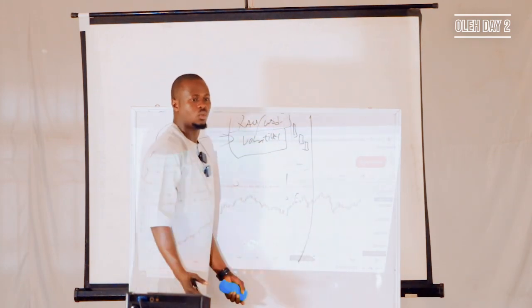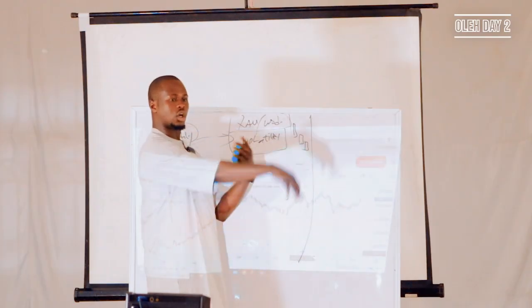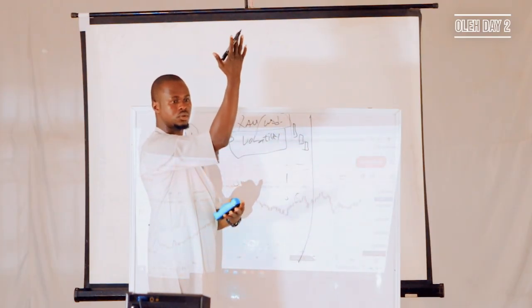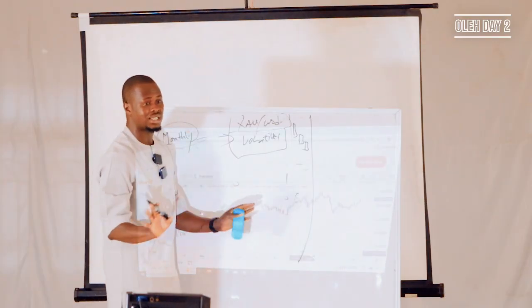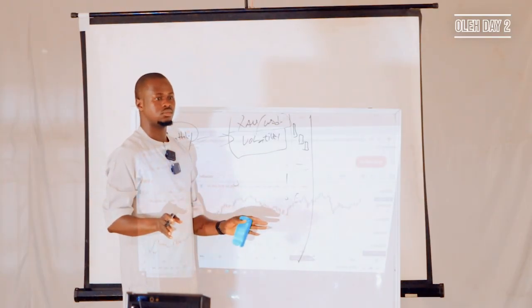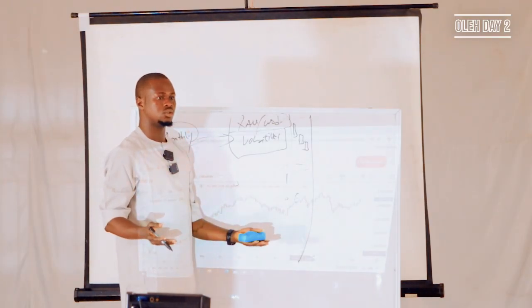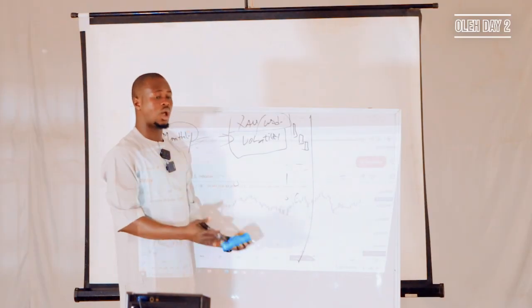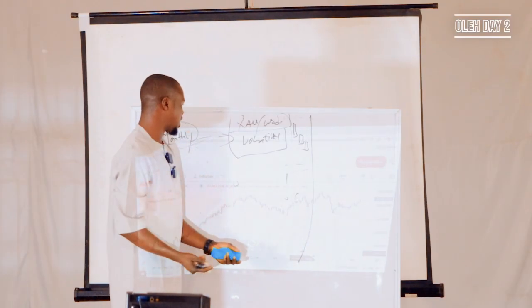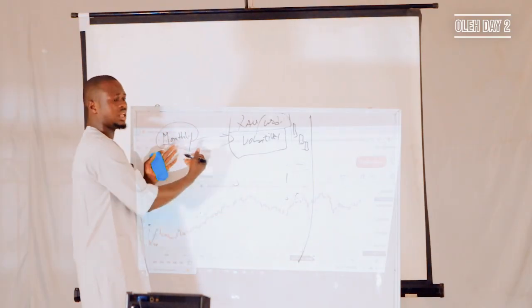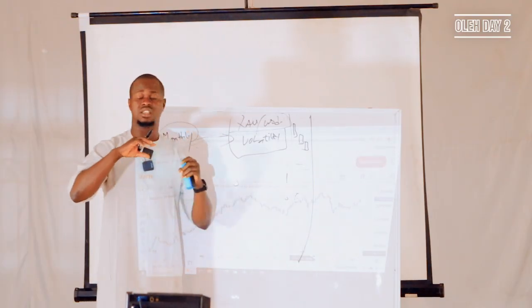It will just spike once news occurs, or it will just go up. But in synthetic, there is nothing like that. We don't work with news. We just wake up, do our analysis, take our trade. Do you understand?